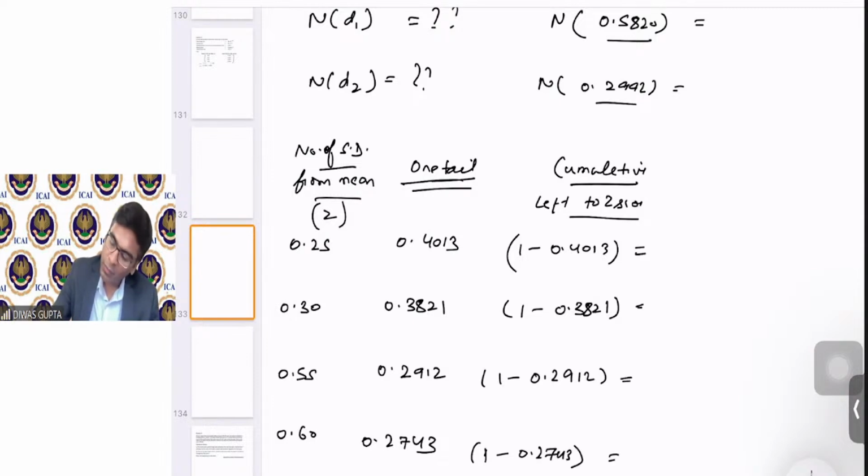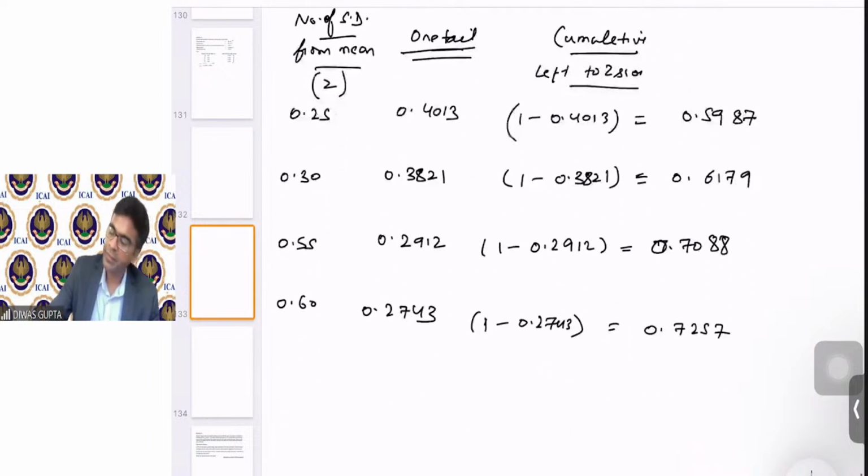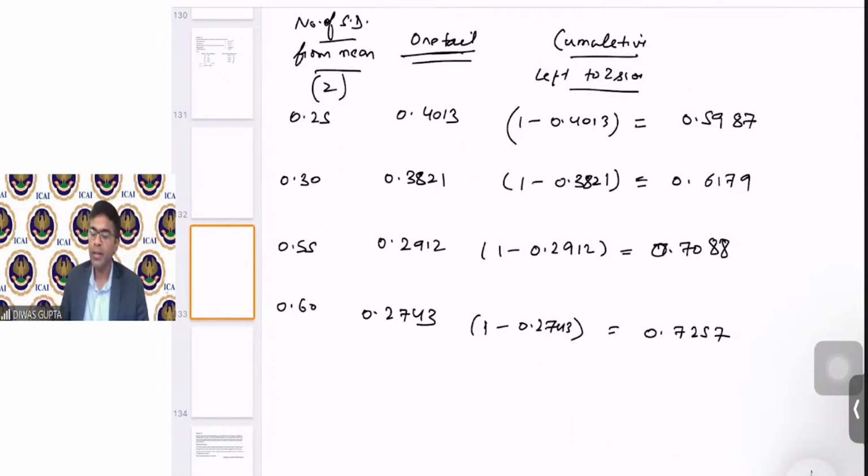So this becomes 0.5987. This becomes 0.6179, and this becomes 0.7088, and this becomes 0.7257. Simple.